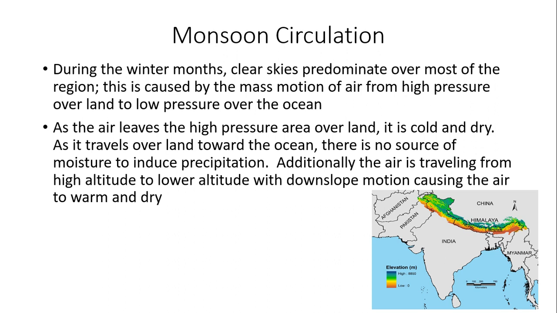So we have these huge areas of high pressure situated in the wintertime over Asia. You have lower pressure over the actual ocean areas to the southwest of India. And then you have the Himalaya mountains, which are basically along the border there between China and India. And they get up to pretty good heights.